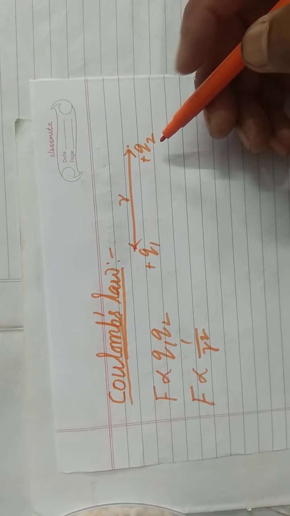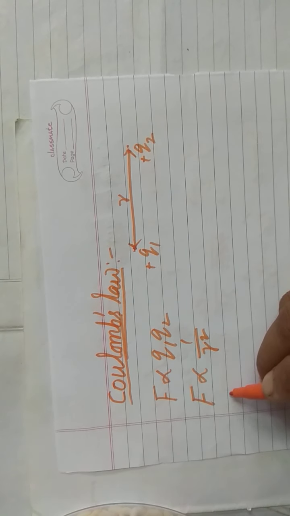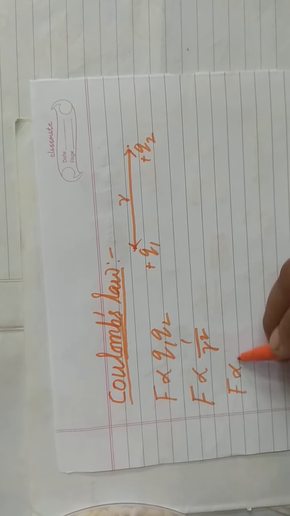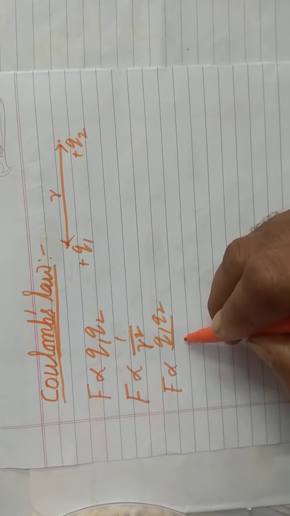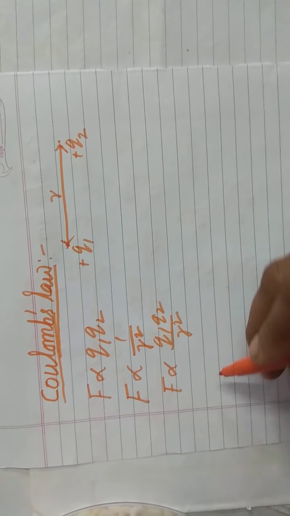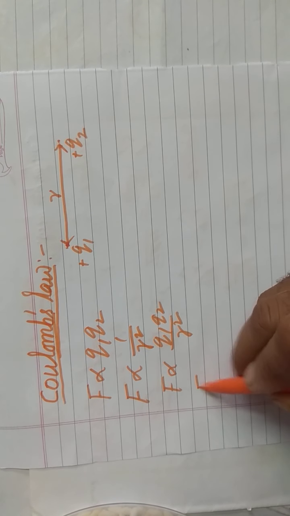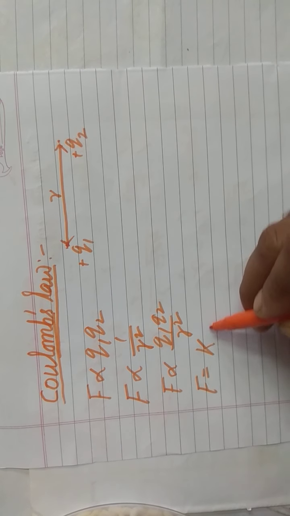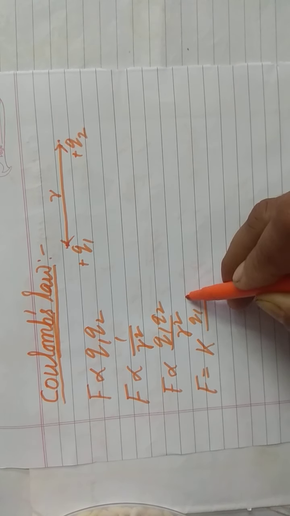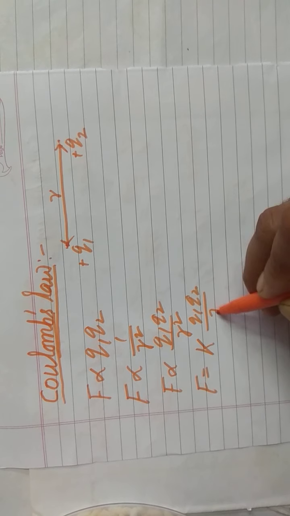So if I combine these two, I'll get F proportional to Q1 Q2 by R square. So F will be equal to, say any constant, K Q1 Q2 by R square.